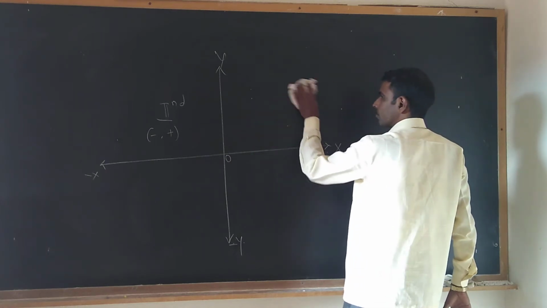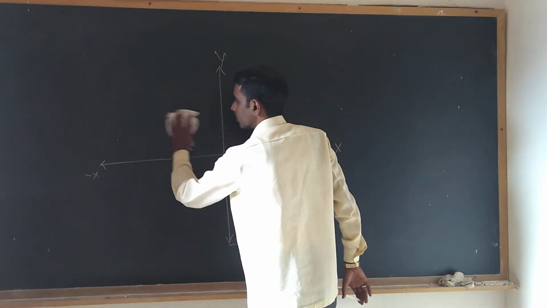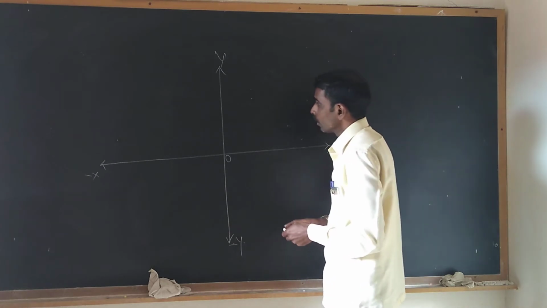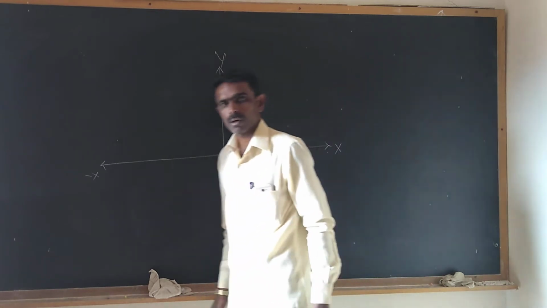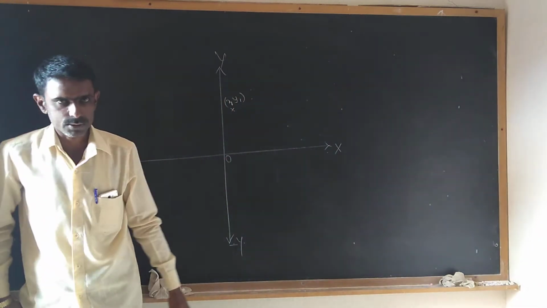Now, you have studied some of the formulas. Let x1, y1 be a point; first I am going to consider this in the first quadrant only for your easy reference.